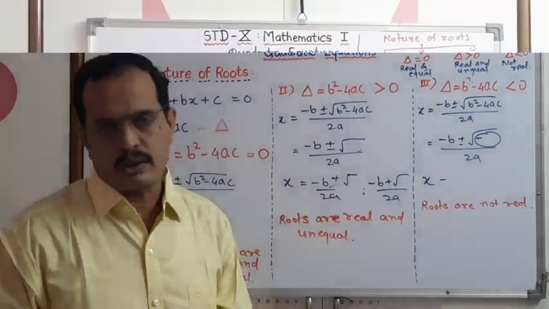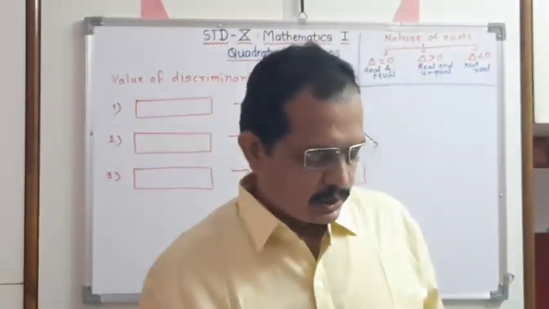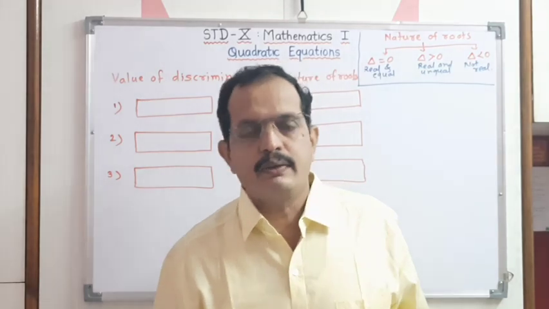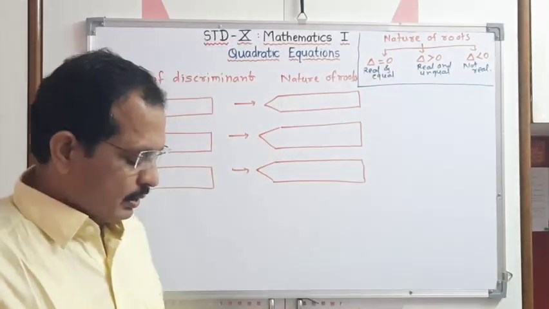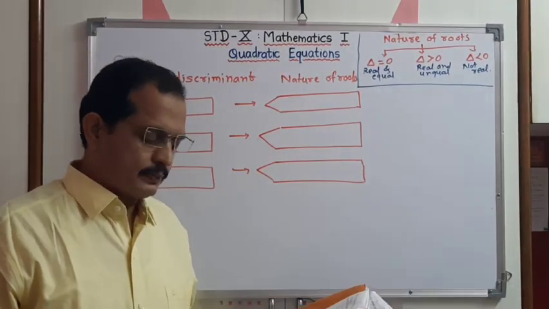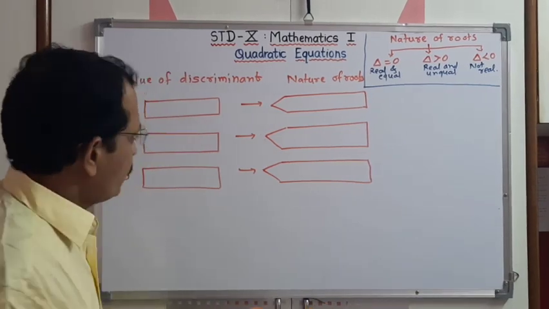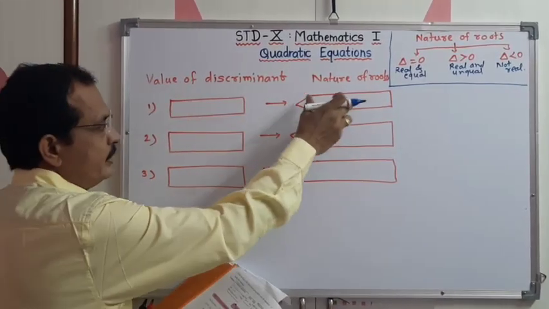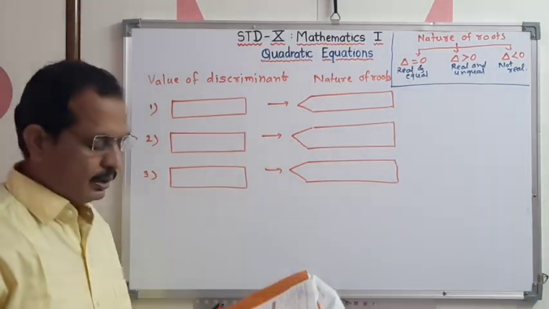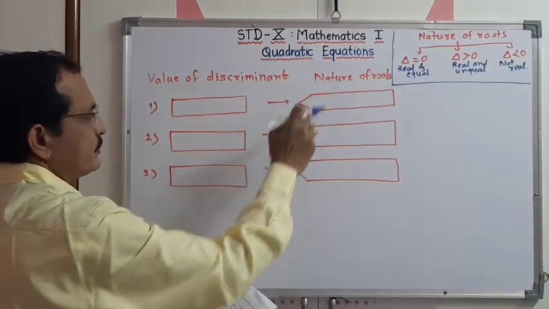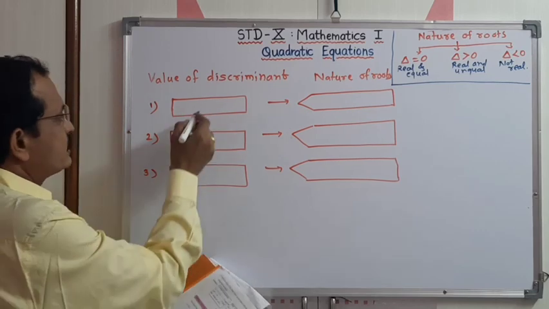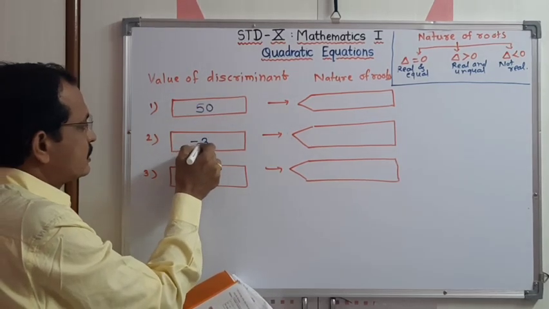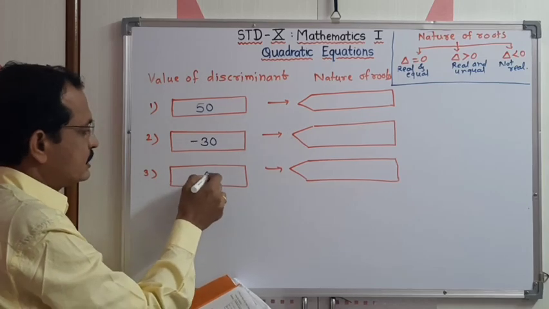Dear students, on page number 44, one activity is given, filling the blanks. Values of discriminant are given, and in this part we have to write the nature of the roots. First value is given 50, second is minus 30, and the third one is 0.